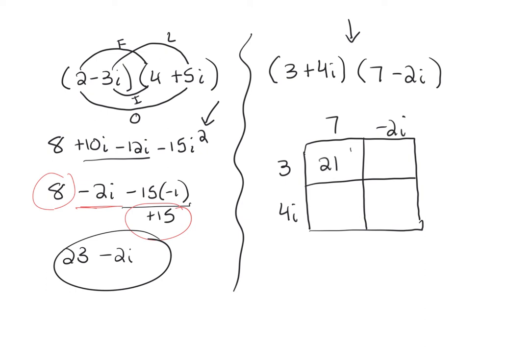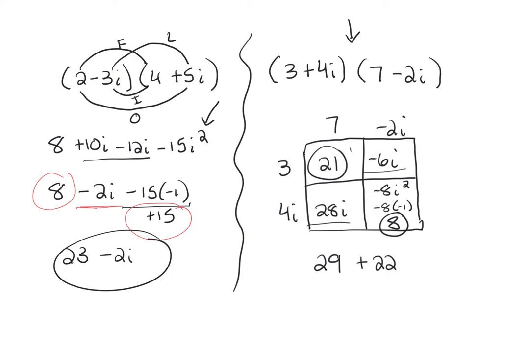So 21, negative 6i, 28i, and negative 8i squared, which is negative 8 times negative 1, which is actually positive 8. That I can combine with the 21, that's 29, 28i, and negative 6i is 22i.